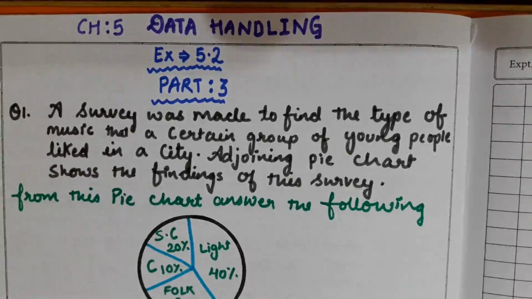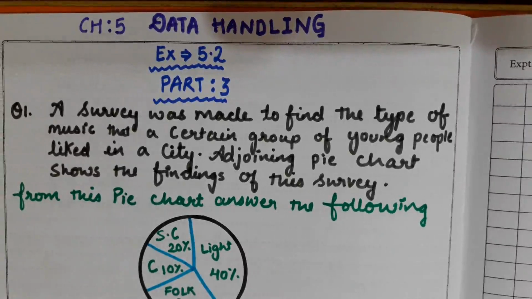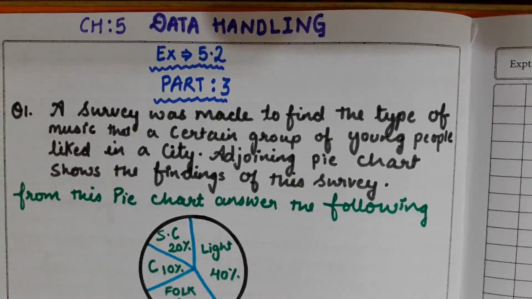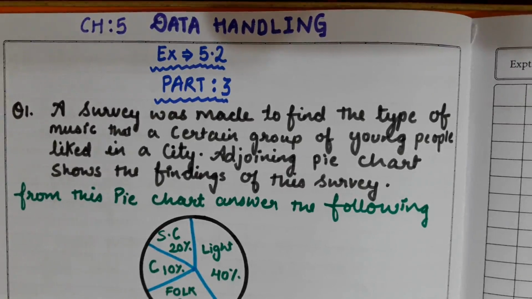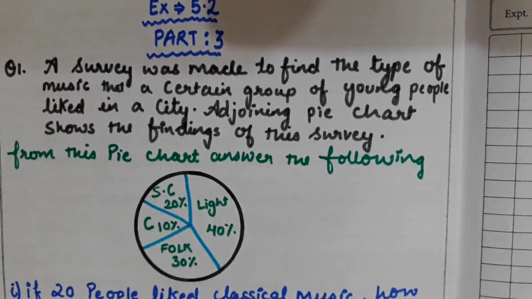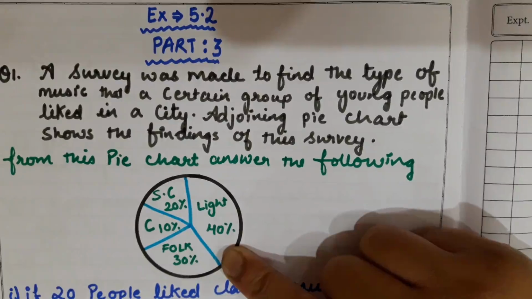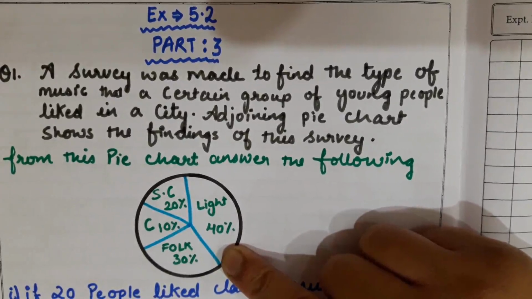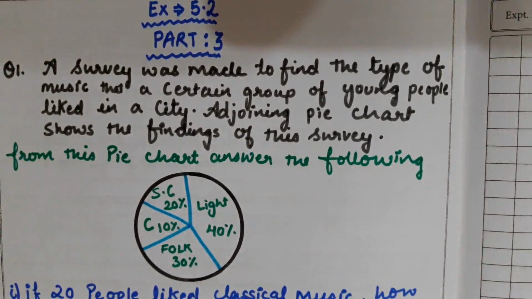The adjoining pie chart shows the findings of this survey. It represents what kind of music is liked by young people.